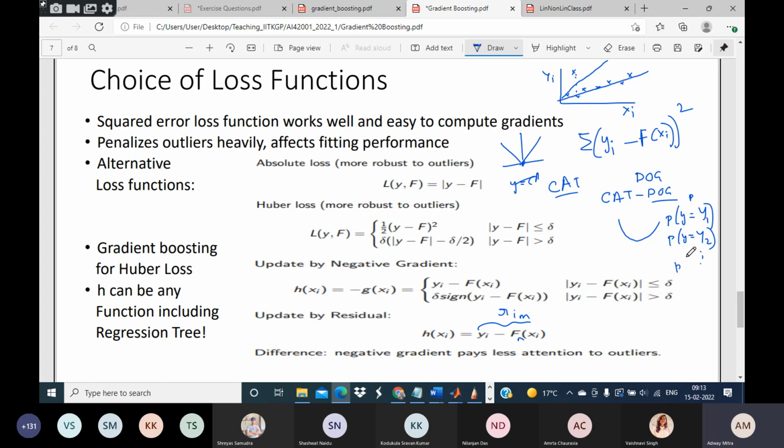If there are k possible labels, I just need to calculate these k probabilities. If the true label y is cat, I know the probability that y is equal to cat is 1, and the probability that y is equal to dog is 0.